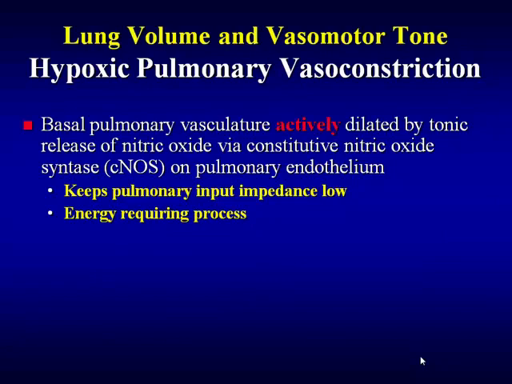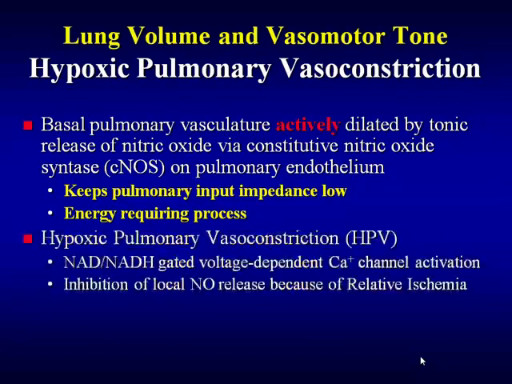If you don't have oxygen, the constitutive nitric oxide synthetase cannot work, and you don't put out the nitric oxide, and you don't have the nitric oxide-induced vasodilation. So it keeps your pulmonary input impedance really, really low, but it requires oxygen. So when the oxygen goes away, you vasoconstrict. You're not really vasoconstricting. You're just going back to your normal resting vasomotor tone.